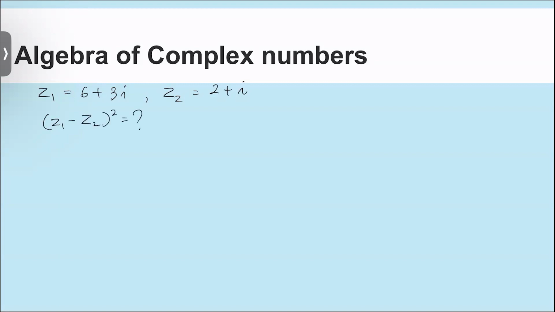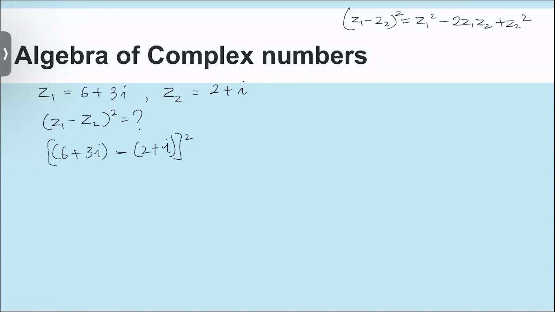Okay, and we remember the identity: z1 square minus 2 z1 z2 plus z2 square. So let's write this as 6 plus 3i minus 2 plus i the whole square.